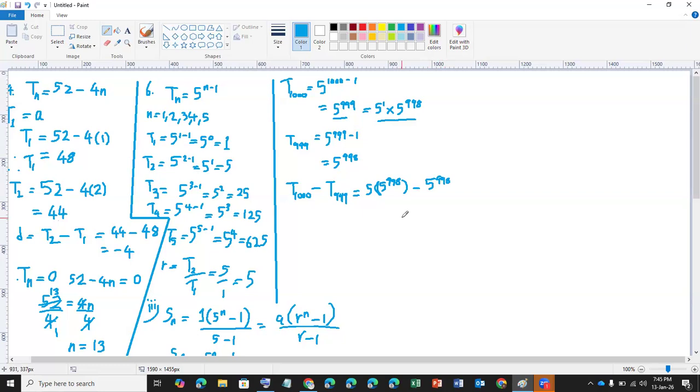What I want to basically do is factorize. When you have something common on two sides of either a plus sign or minus sign, and they are multiplying, you can factorize, right? Yes, sir. Okay, so that's what I'm going to do. I'll just factorize 5 raised to the power of 998, and then open the bracket. I'll be left with 5 minus 1. There we go.